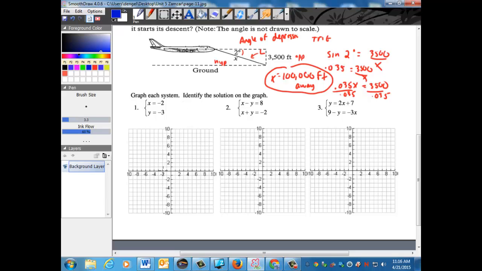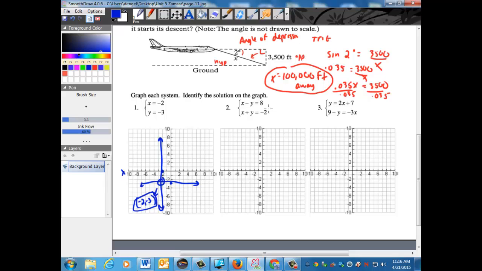Alright, x equals -2 is going to cross the x-axis at -2. Y equals -3. It's going to cross the y-axis at -3. And then these have an intersection point of -2, -3 is the point of intersection. Alright, on this problem, a few different ways.